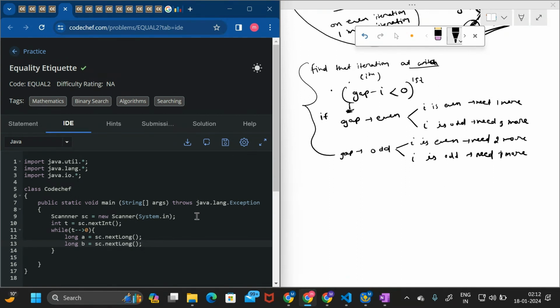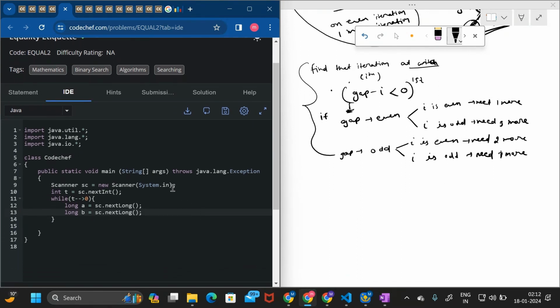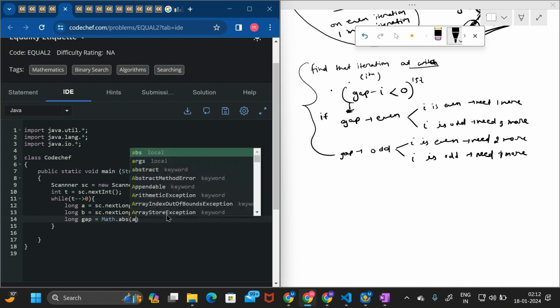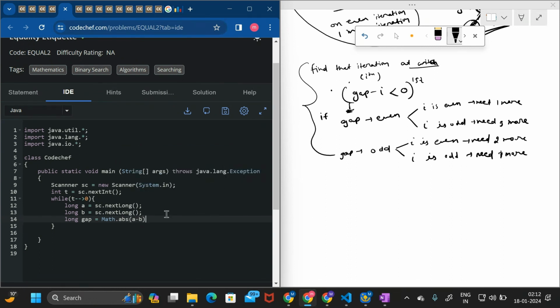So let's code this question. I will take all the inputs, and now we calculate the gap. Long gap is equal to the absolute value, Math.abs of a minus b.